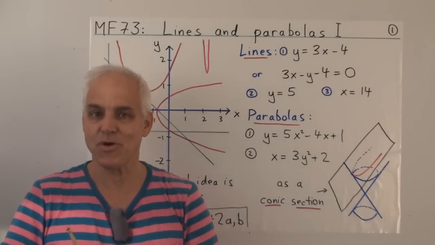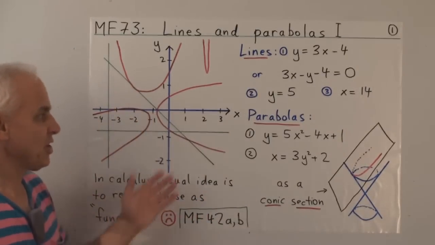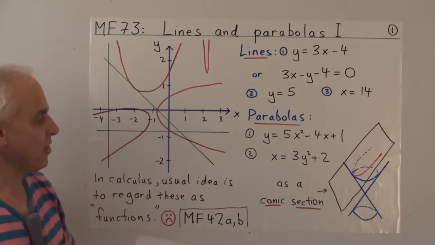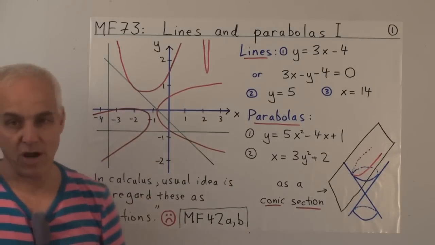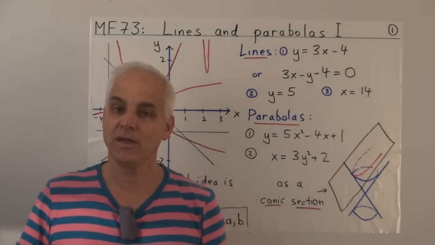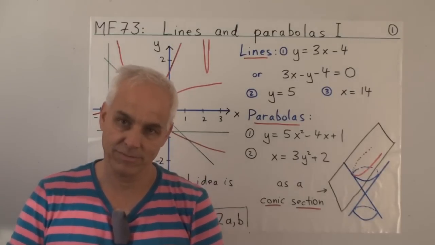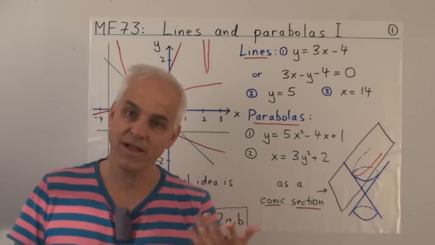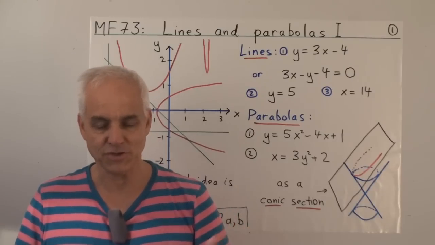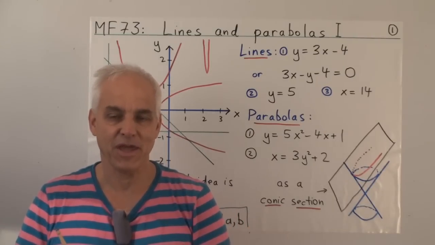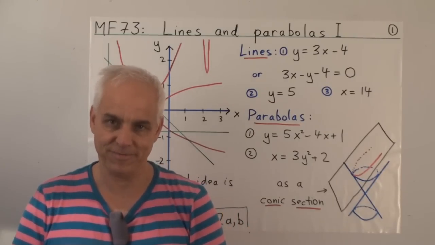So our approach is going to be to not think in terms of functions. We're not going to take this point of view. We're going to rather think of lines and parabolas in this analytic geometry context as being essentially polynumbers. Polynumbers of degree 1 and polynumbers of degree 2. And that's all. So they're not functions. They are just polynumbers.